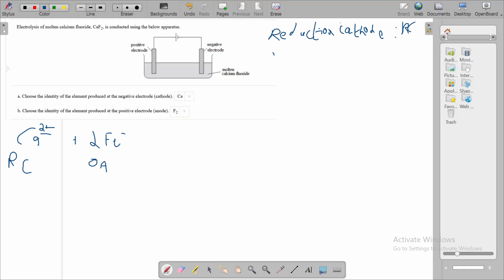And then oxidation happens at the anode. And that's what OA means. Okay? So let's just keep this. I told you cathode is the positive, anode is the negative. Okay, don't forget: anode, negative electrode; cathode, positive electrode.